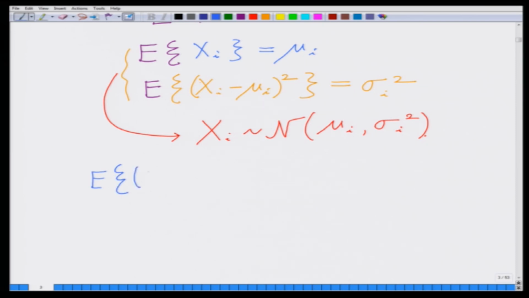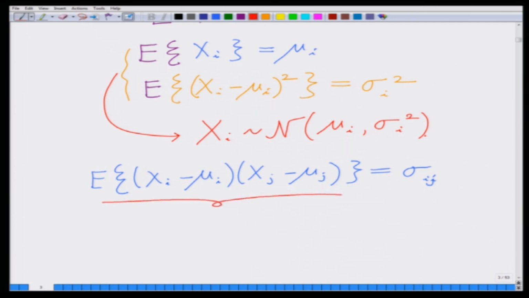That is, the expected value of (xi minus mu i) times (xj minus mu j), where i is not equal to j, is equal to sigma ij.